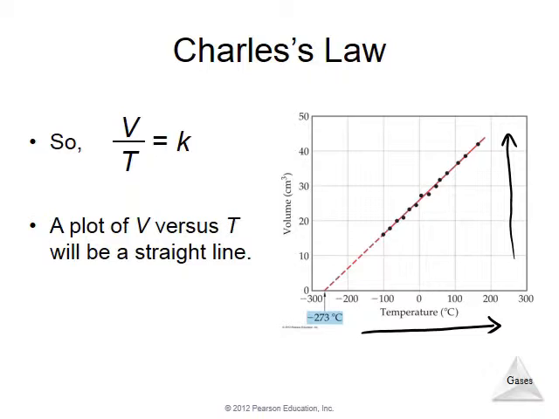So the change in V over the change in T becomes our slope, and that's equal to our constant. If V and T are equal to a constant at one volume and temperature, then at another volume and temperature, I must get that same K value. So that's where V1 over T1 is equal to V2 over T2 comes from. That's Charles' law.